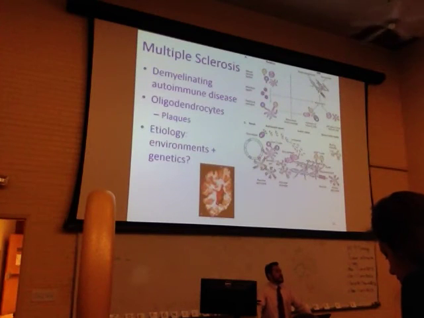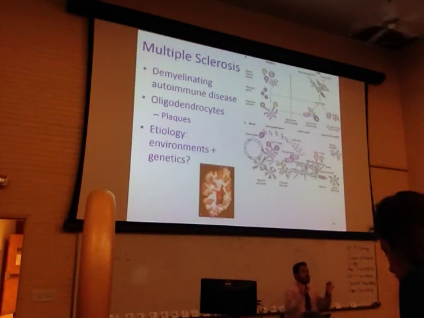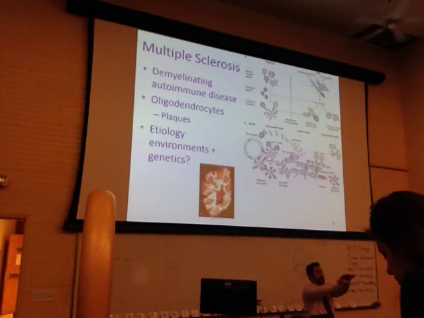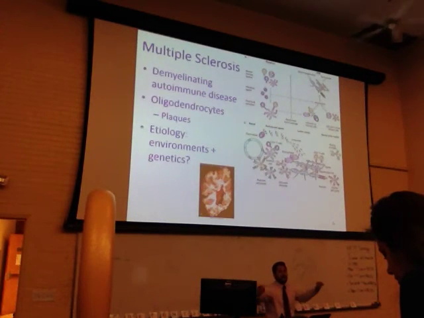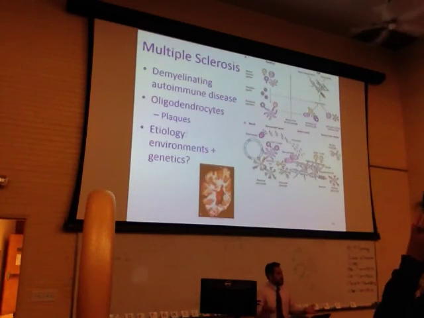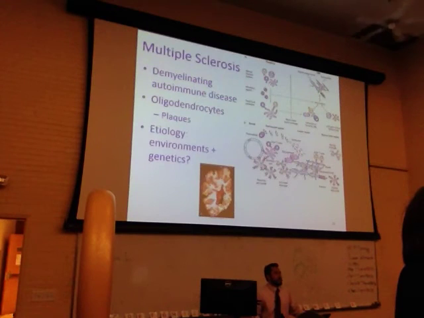But the prevalence of MS increases as you move further away from the equator. So the prevalence in our sort of Nordic European nations is much higher than it is, say, in Central America at the level of the equator. Now, what's the balance between environmental and genetics? We don't know the answer to that right now.